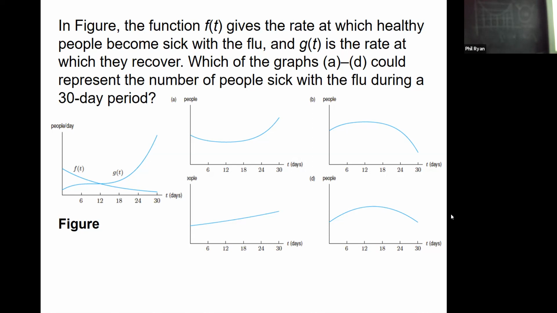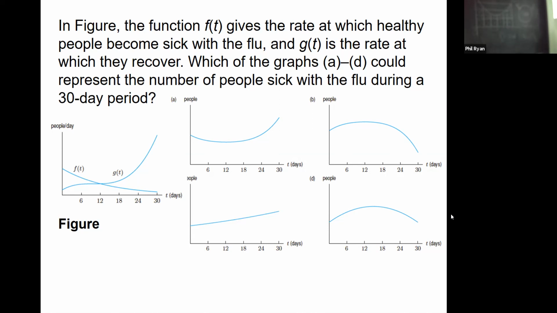So when we said at the beginning that it was increasing, why would it be increasing? Because if it's F minus G, F is decreasing in that. Right, no. F is the rate of change. F is the rate at which people are getting sick. So F minus G is the rate at which the sick population is changing. If F is bigger than G, the rate is positive, which means it's increasing.